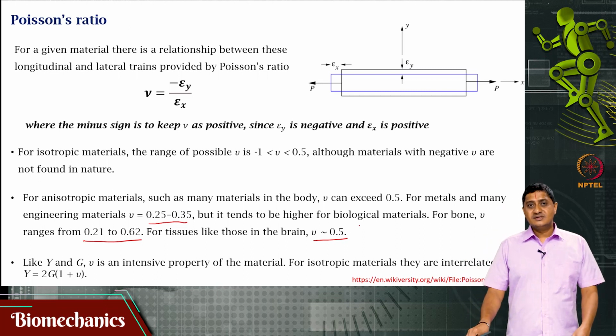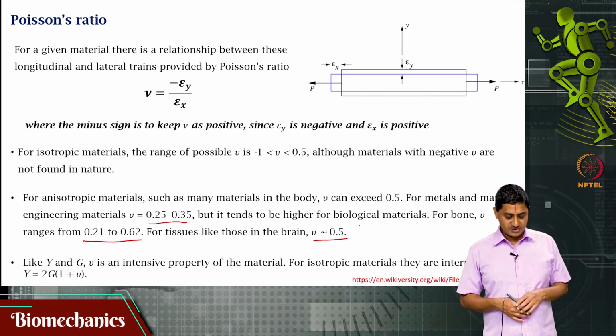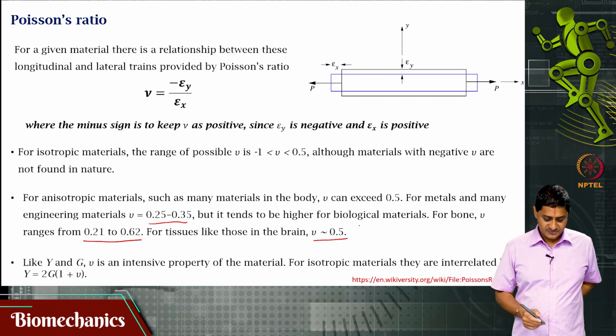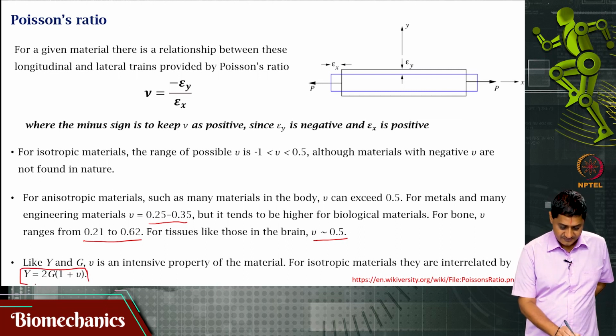Poisson's ratio is another material property, an intensive property of the material, and if that material is isotropic, Poisson's ratio relates the elastic modulus and the shear modulus using this relationship. How did I come up with this? Don't ask.